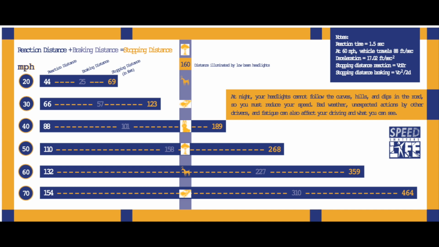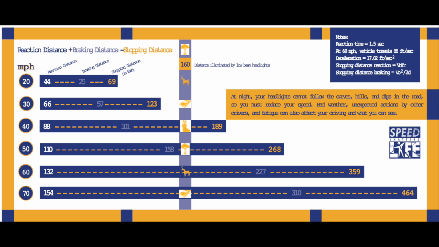So let's kind of look. They put on that vertical bar for 160 feet for your headlights. To illustrate hazards, they put some images here. So like there's the trees. What is that, a bunny or something? So at 40 miles an hour, according to this chart, your reaction distance is going to be 88 feet.